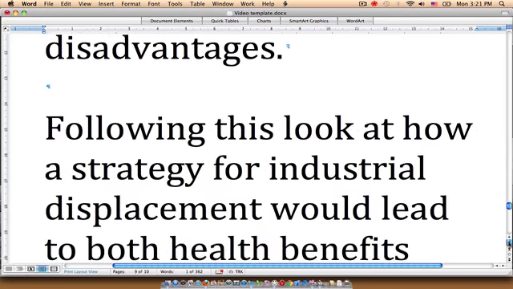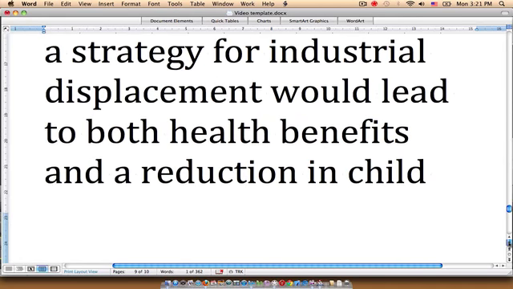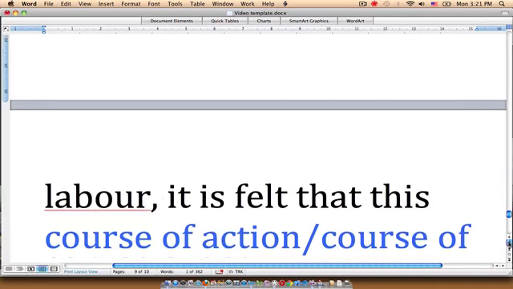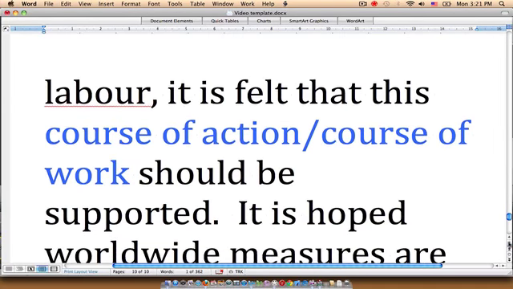Okay, let's go to our last question. Following this look at how a strategy for industrial displacement would lead to both health benefits and a reduction in child labor, it is felt that this course of action should be supported. Or, it is felt that this course of work should be supported.